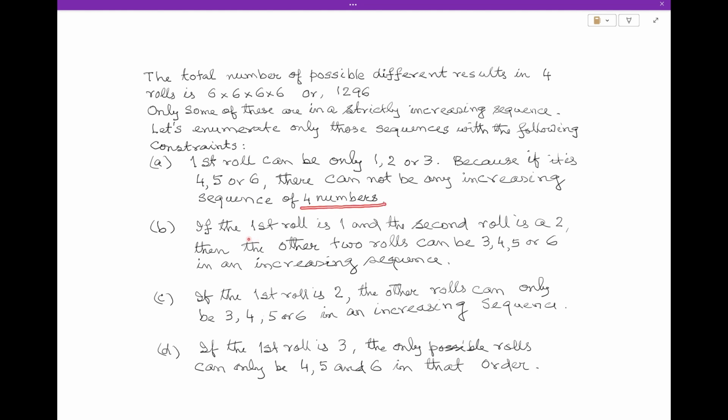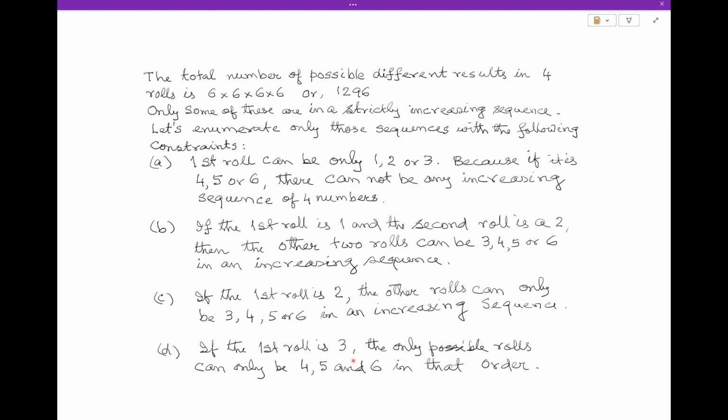If the first roll is 1 and the second roll is 2, then the other two rolls can be 2 of 3, 4, 5, or 6 in an increasing sequence. If the first roll is 2, the other rolls can only be 3, 4, 5, or 6 in an increasing sequence.